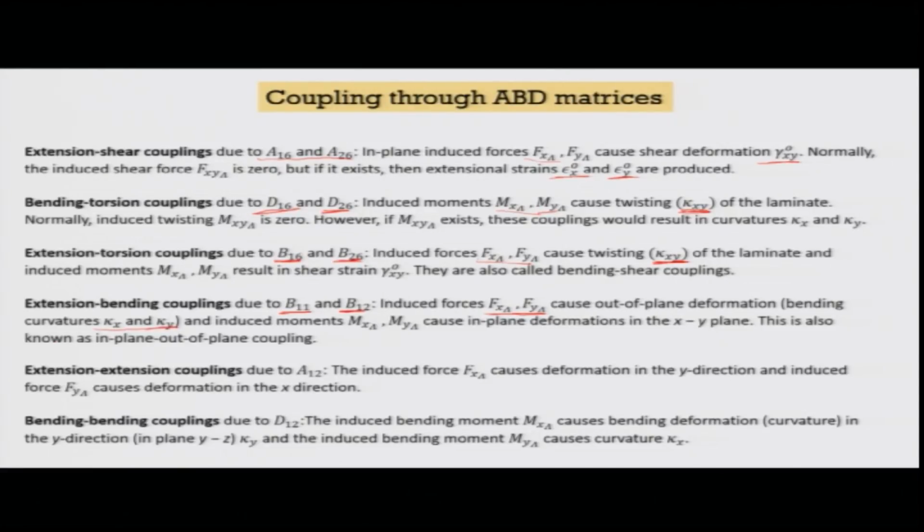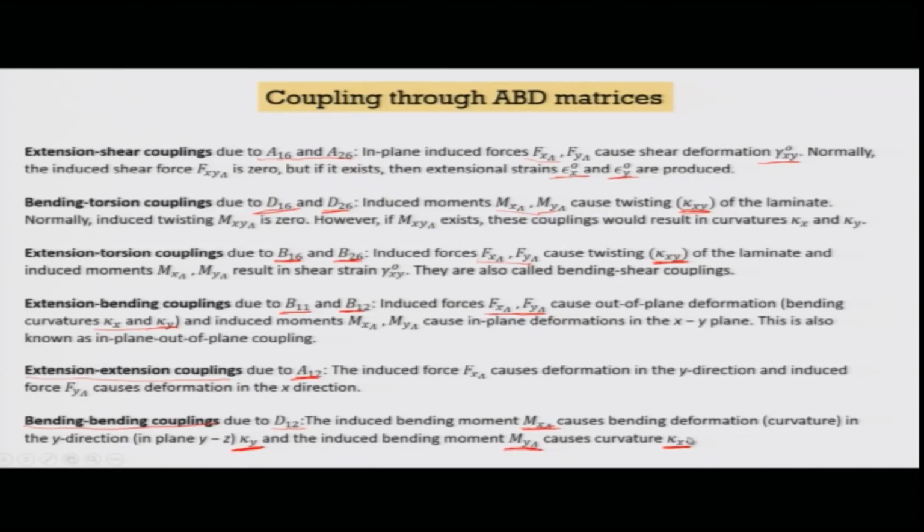And what is the role of A12? Due to A12, you are going to get the extension coupling in the normal manner. And what is the role of D12? For example, you are going to get bending coupling. The induced bending moment Mx lambda will cause the bending deformation curvature in the y direction, kappa y, and similarly My lambda will create a curvature kappa x.